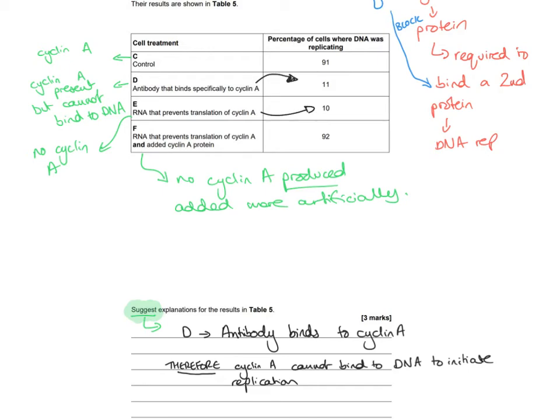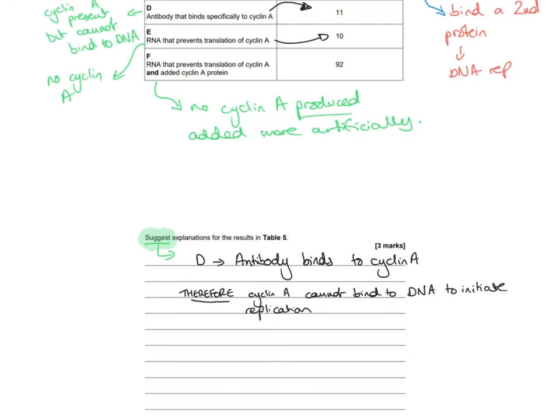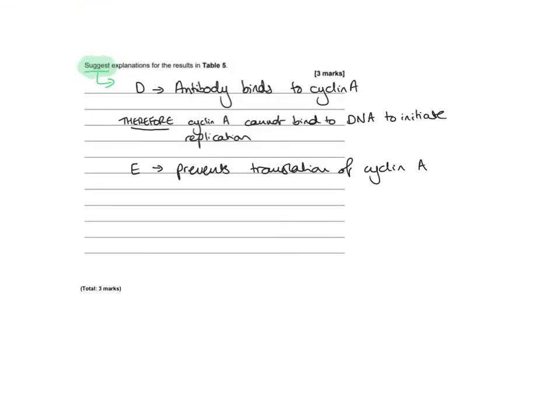If I move on to E, we've got a similar reduction. So then I'm going to try and explain E. Now, we don't have to know how that RNA prevents translation of cyclin A. We just need to make some suggestions based on what we understand about translation. So how is it going to do that? I'm going to use therefore again to remind me that I'm explaining: RNA prevents translation of cyclin A, therefore this RNA must be somehow interfering with the translation mechanisms.